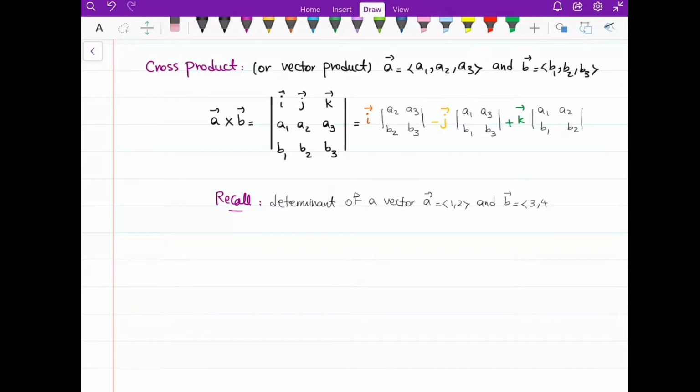I put 1, 2 on the first row, and then 3, 4 on the second row, and then the determinant is 1 times 4 minus 2 times 3. So this is 4 minus 6, which is negative 2. As a note, this is the determinant in a two-dimensional vector space.